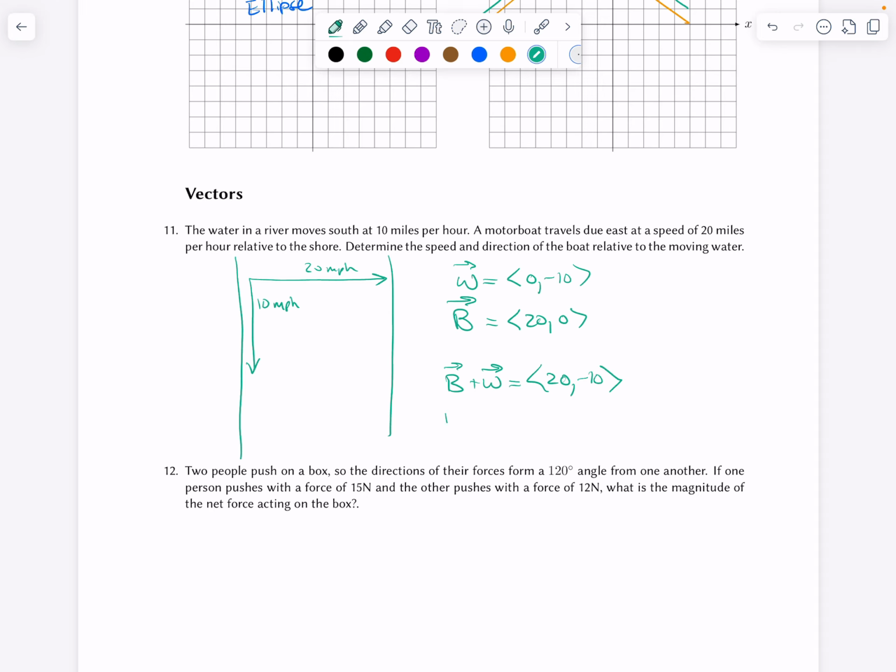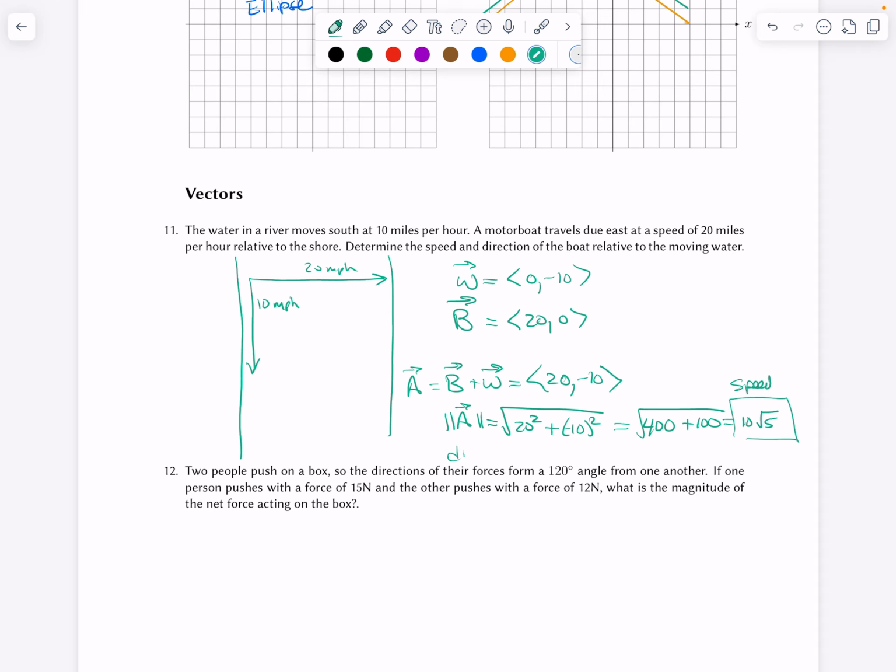So the actual speed will be the magnitude. So we'll call that a for actual. So the magnitude of this actual thing is the square root of 20 squared plus -10 squared. And that's going to be 400 plus 100. And that gives you 10 radical 5 after simplifying. So that's the speed.